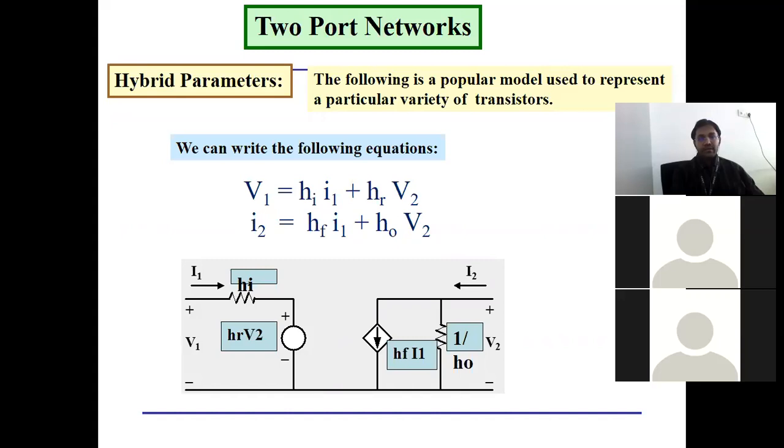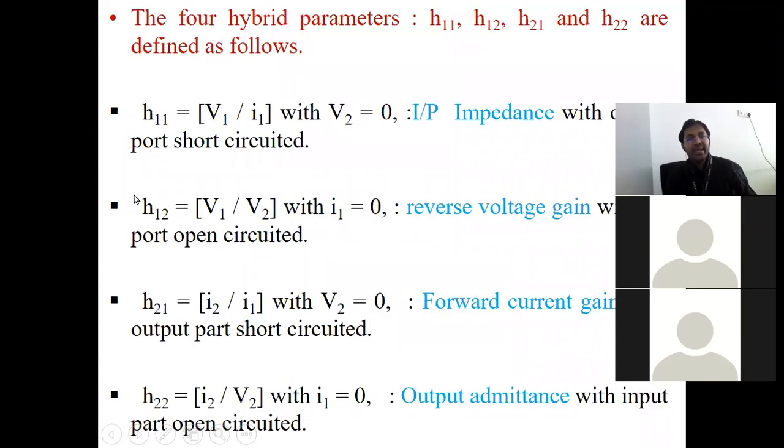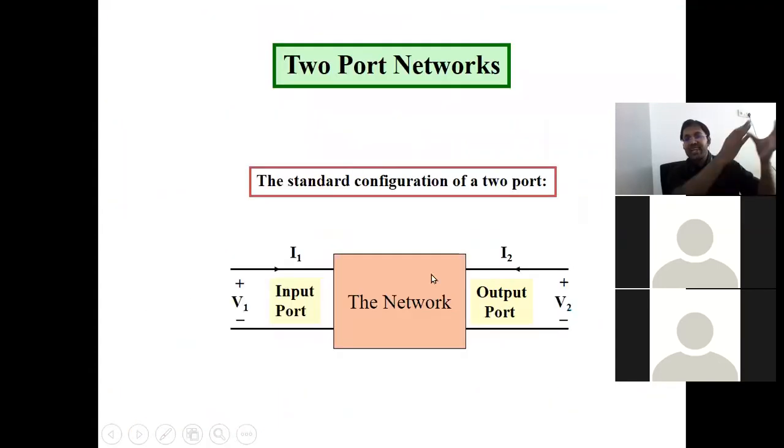Now, this is what we have. From equations, we got a circuit. This circuit I can use in place of any two-port network. We started from a two-port network, and we got an equivalent circuit. Now that equivalent circuit, I can replace in terms of a two-port network.